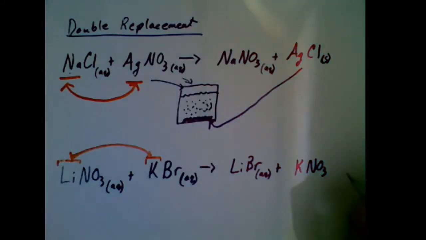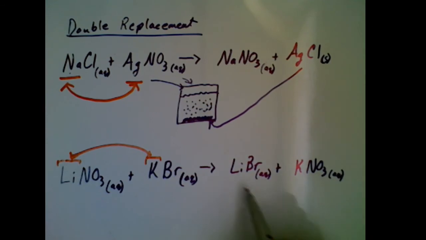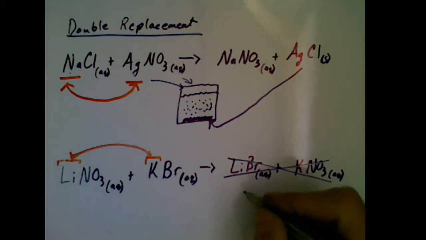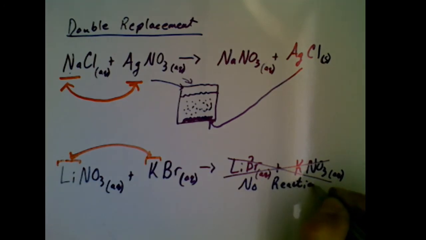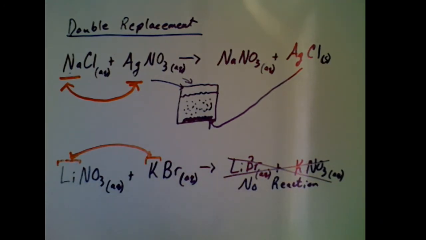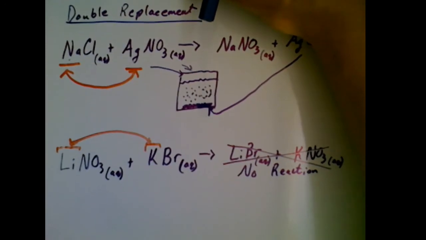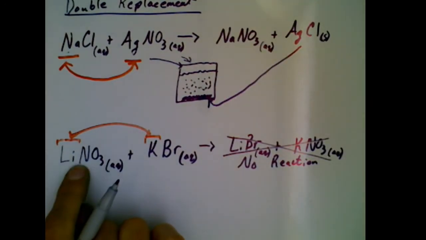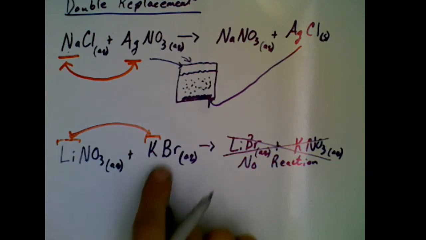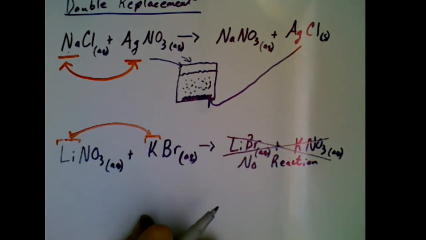KNO3, well, anything combined with nitrate is soluble. So this is aqueous. What that means is there was no reaction. Nothing actually took place in this situation. Really, all that happened is you poured this into this, and then nothing changed.